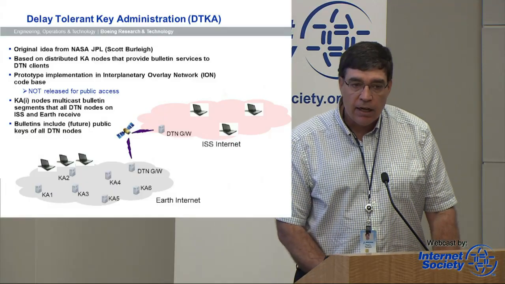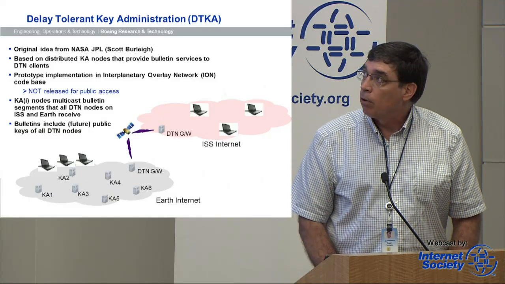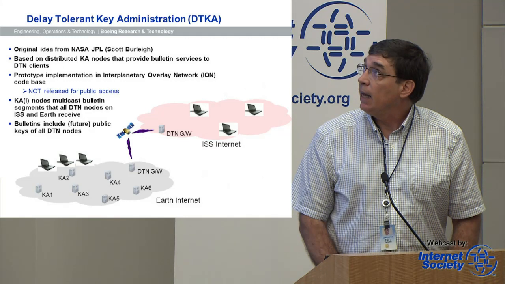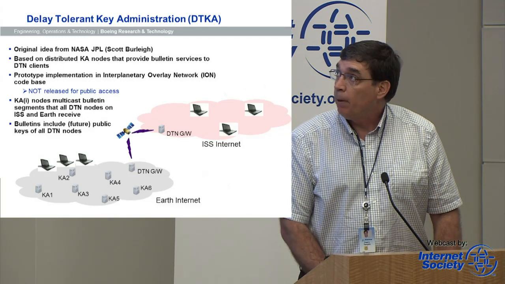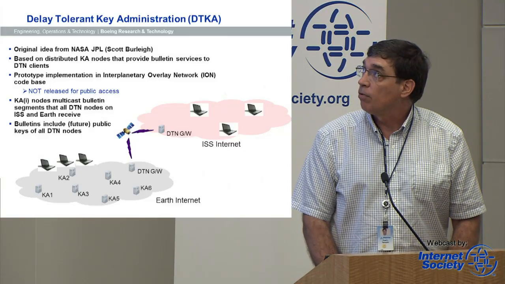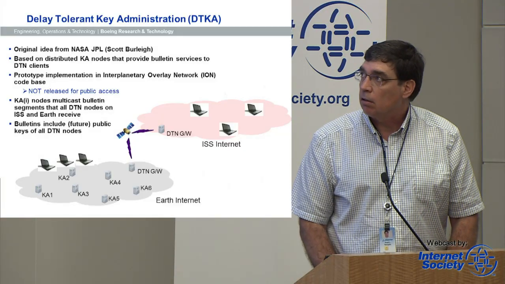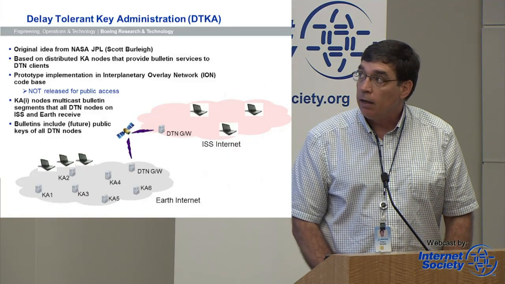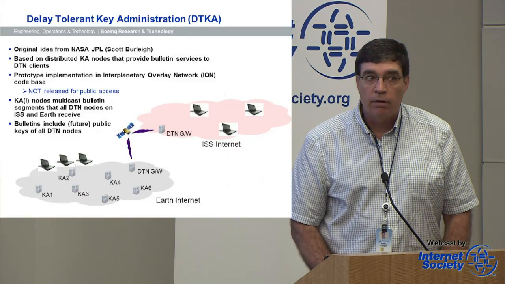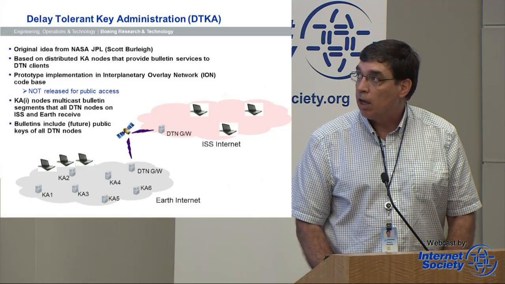So we have this idea that came originally from Scott Burley called the DTKA, Delay Tolerant Key Administration Service. It's based on distributed key authority nodes that provide bulletin services to DTN clients. There's a prototype implementation in ION. We at Boeing have been working with that implementation for some time now.